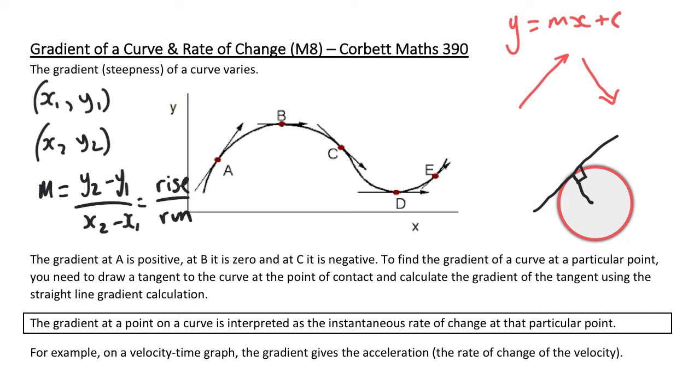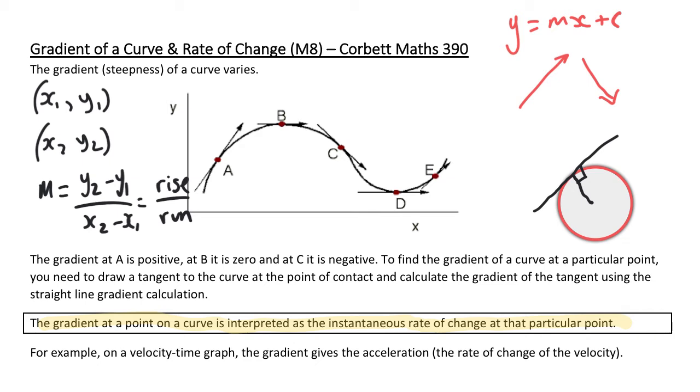So that's how we'd work that out. So the gradient of a point on a curve is interpreted as the instantaneous rate of change at that particular point. For example, in a velocity time graph, the gradient gives the acceleration, which is the rate of change of velocity. So the gradient at a point on a curve is the instantaneous rate of change.